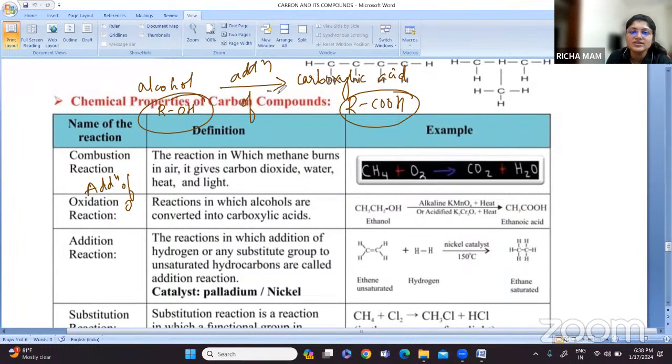This is what you call an oxidation reaction.